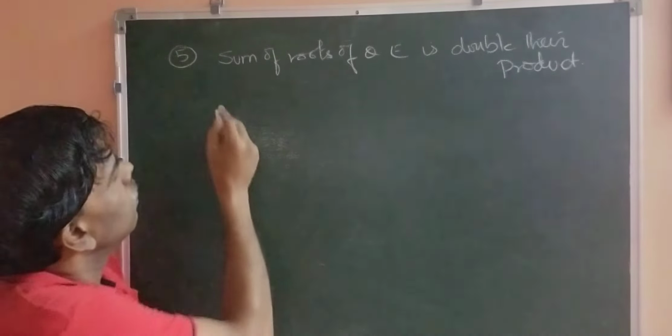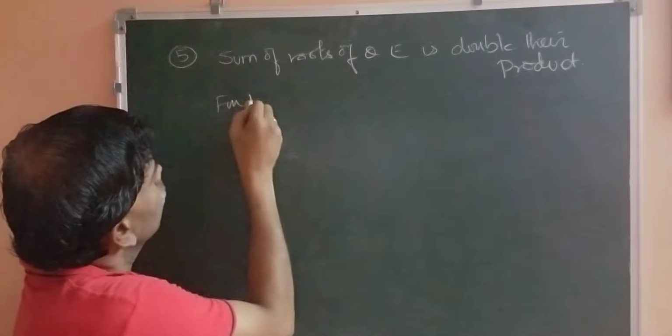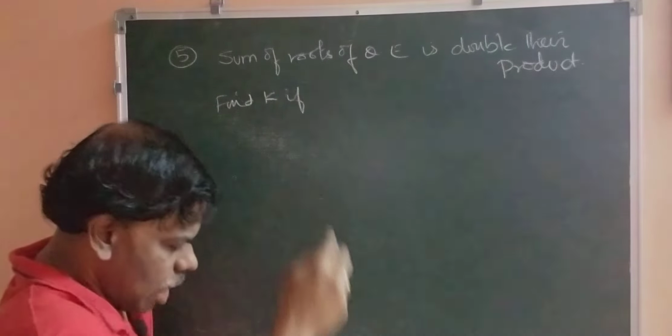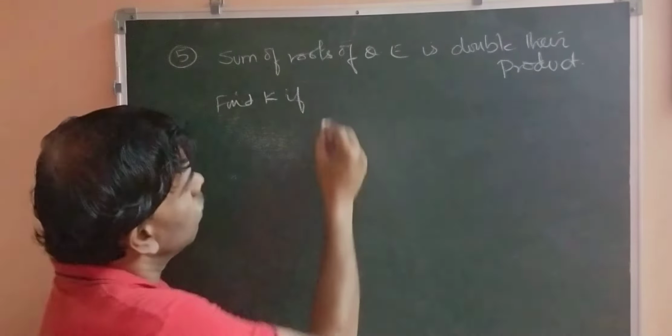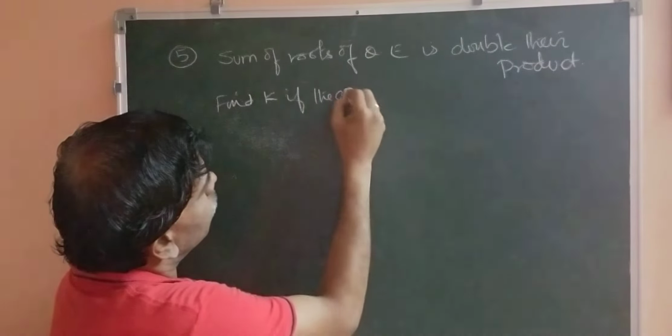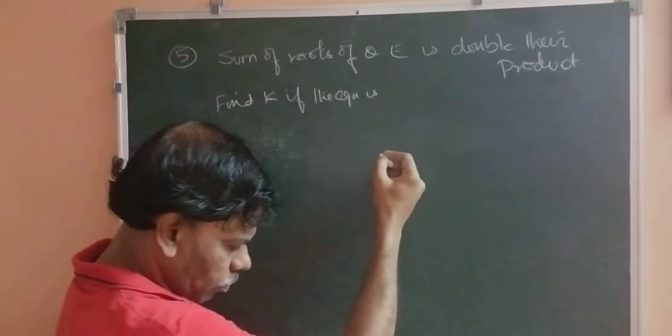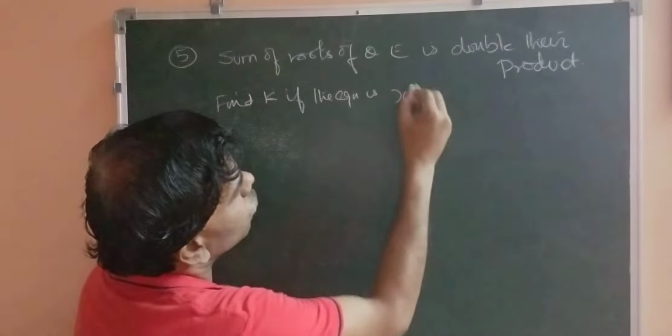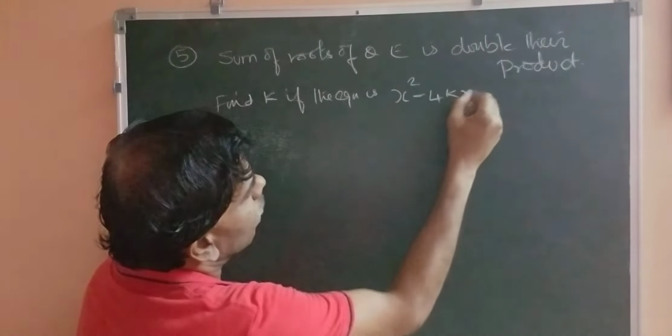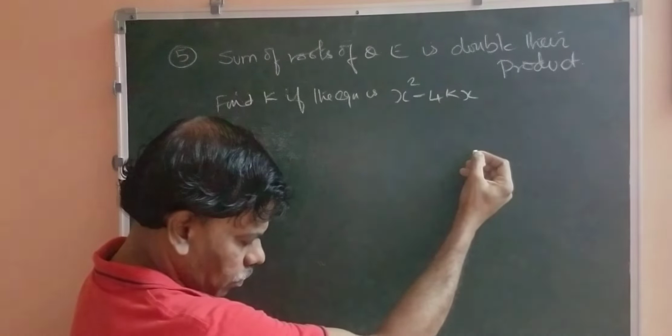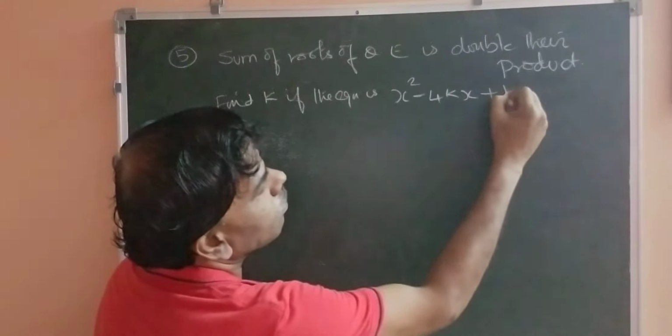Find k if the equation is x square minus 4kx plus k plus 3.